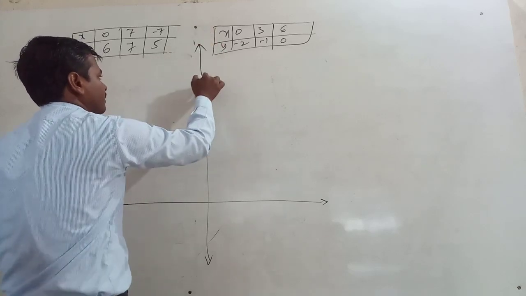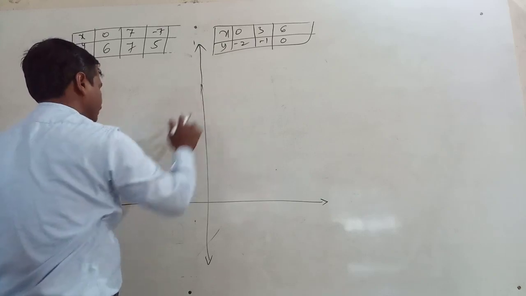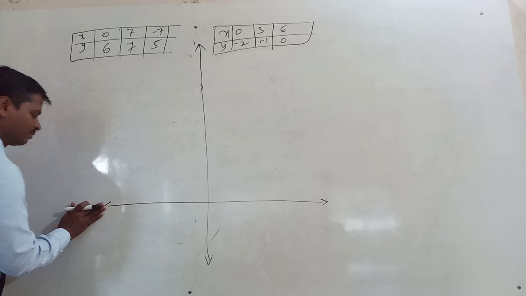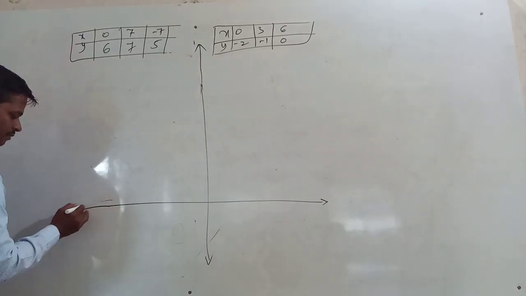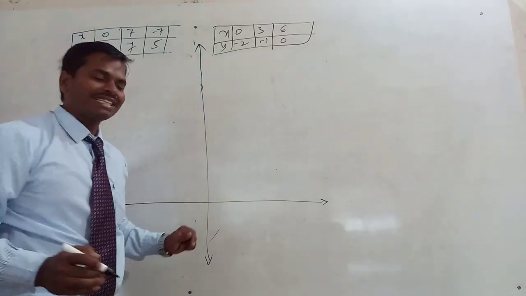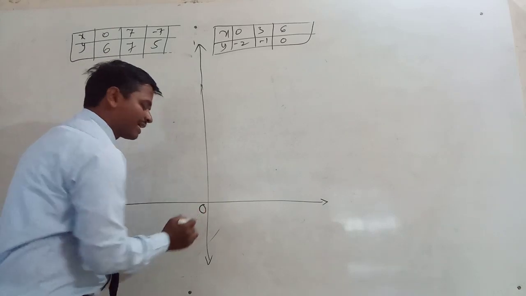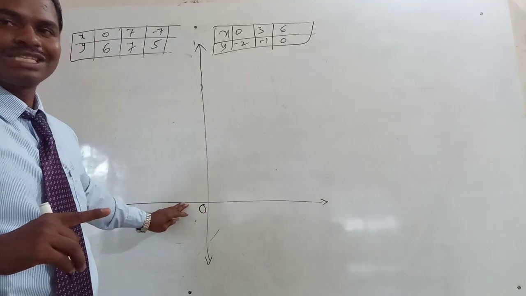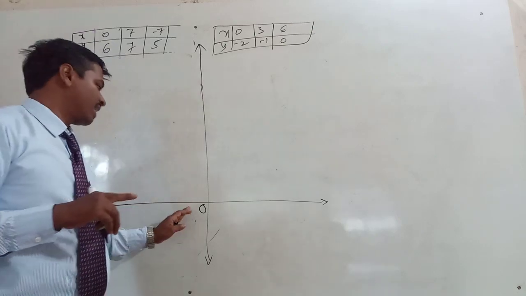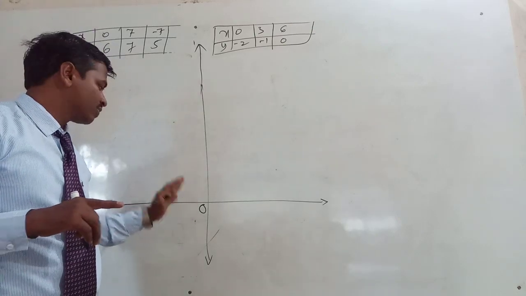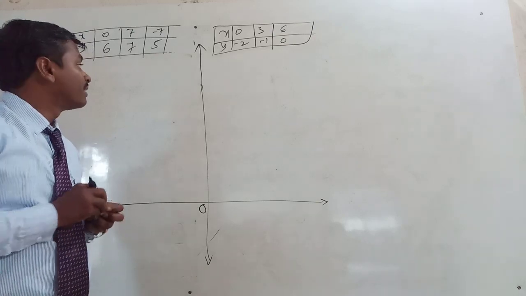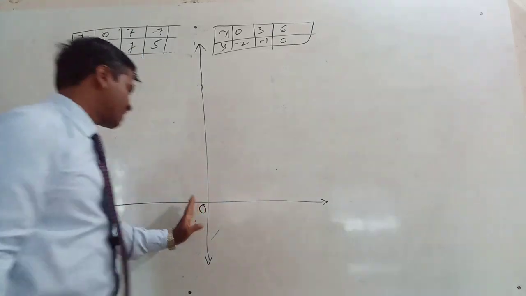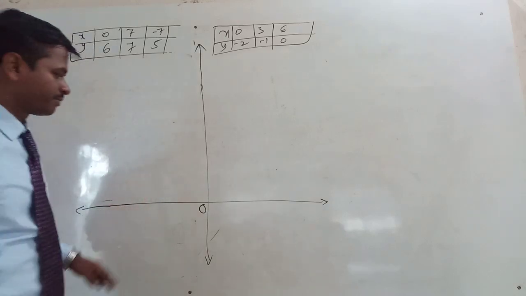Now, what we are getting here? First we will mark the intersection of the two axes, that is called the origin of the xy coordinate plane. Now first, on the right side we will write positive numbers, left side we will write negative numbers.